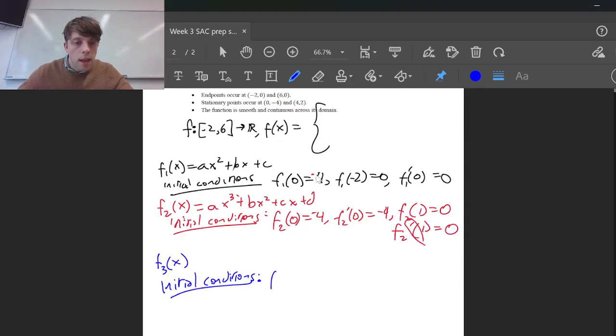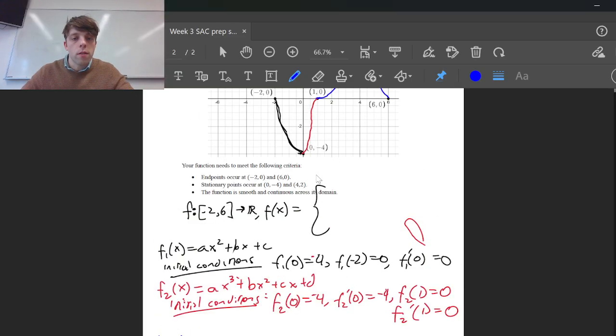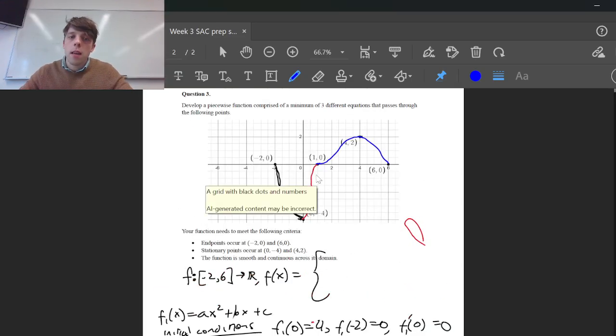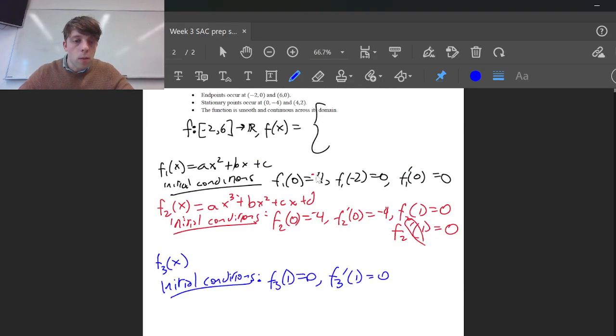So f3 of 1 needs to be equal to 0, and the derivative needs to be equal to 0 as well, because that point is a stationary point of inflection. Also, this point here, (4, 2), similarly is a stationary point, so the derivative needs to be 0 there, and the function needs to be equal to 2 at that point. So f3 of 4 needs to equal 2, and the derivative at 4 needs to equal 0.